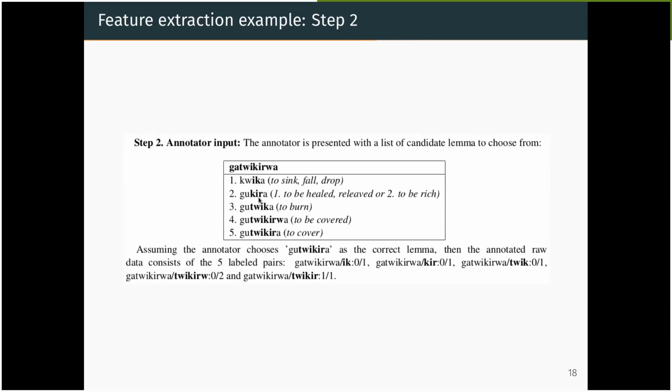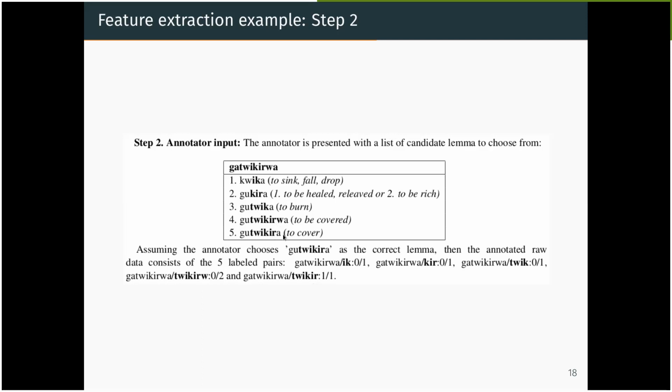It can mean guchira, less probable, but if you pass it through the morphological analyzer only, it's going to give you this as another potential stem, or gutwika, to burn, or gutwikirwa, to be covered, or gutwikira, which is actually the stem for gutwikirwa, but the analyzer might give you both options.